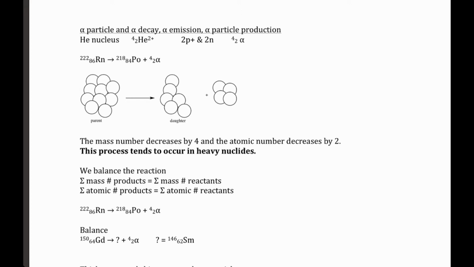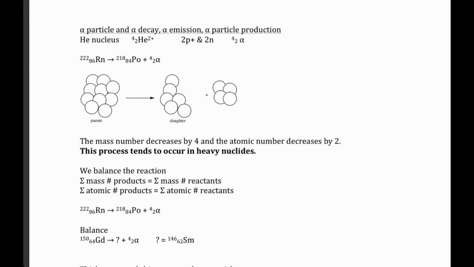Notice that the way we balance a nuclear reaction is the superscripts on the left side have to equal the sum of the superscripts on the right side. The subscript 86 has to equal the sum of the subscripts on the right side. So 222 equals 218 plus 4, and 86 equals 84 plus 2.